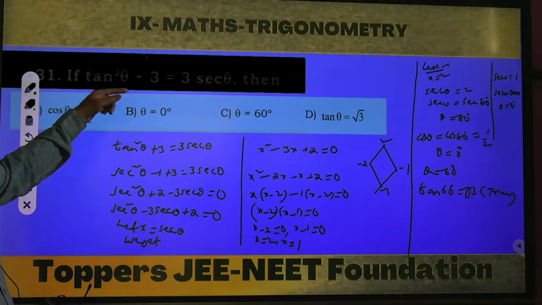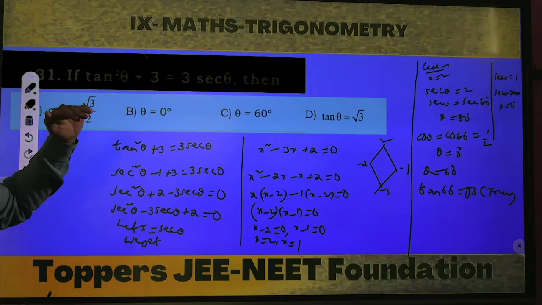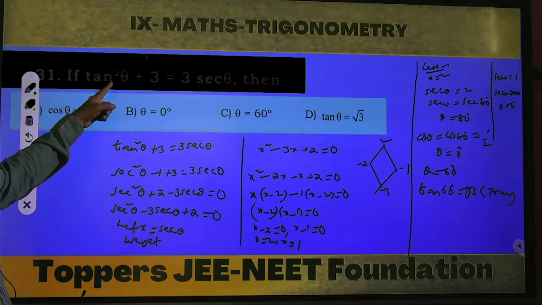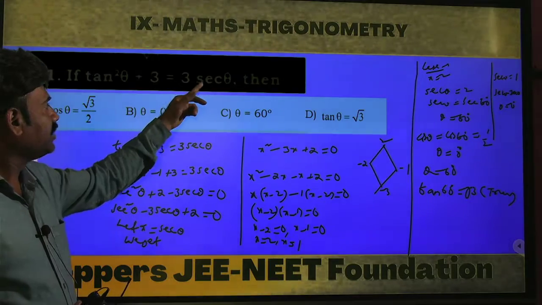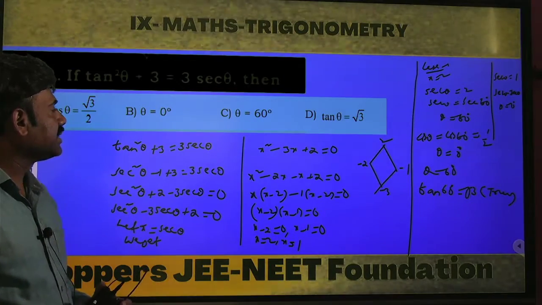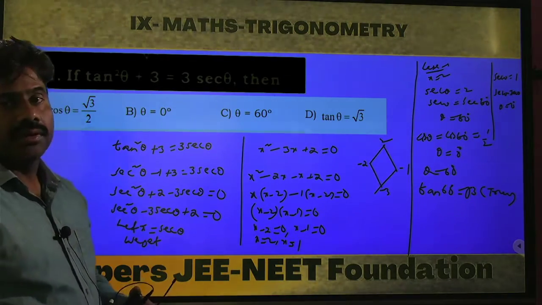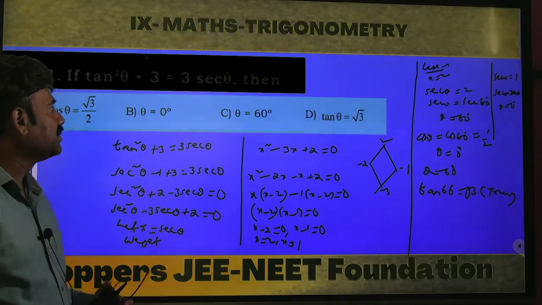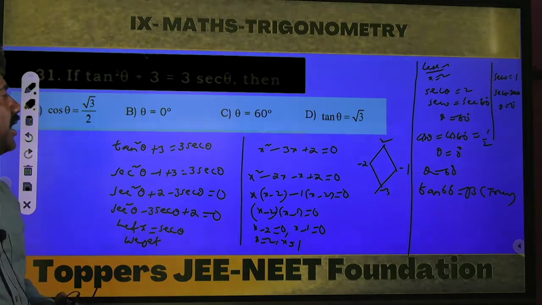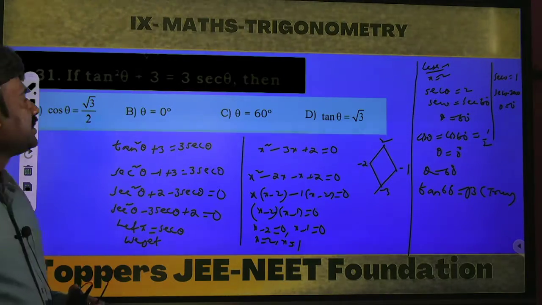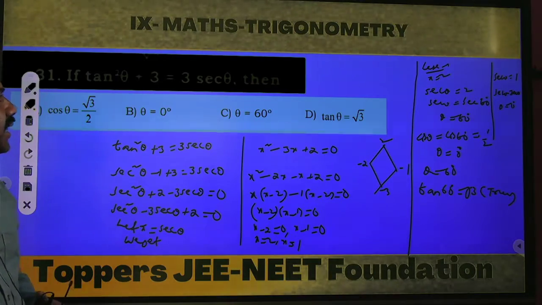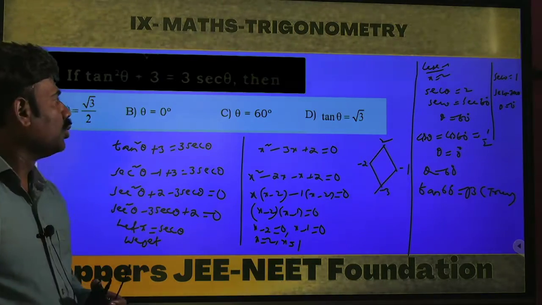Tan square 60 degrees, tan 60 degrees is root 3, tan square 60 means 3. 3 plus 3, 6 here. 3 into secant 60 degrees. Secant 60 degrees value means reciprocal of cos 60, which is 2. Then 3 into 2 is 6.